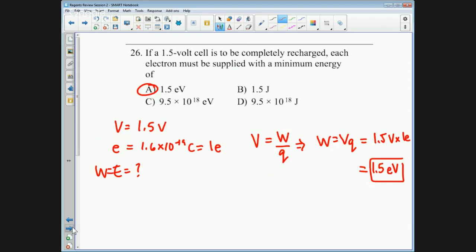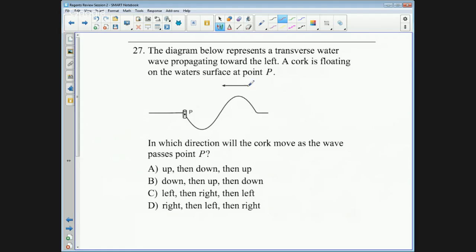Okay, next, 27. I guess we're moving on to waves now. The diagram below represents a transverse water wave propagating towards the left. A cork is floating on the water's surface at point P. In which direction will the cork move as the wave passes point P? Okay, so the way to do this is you need to see, as the wave is moving this way, right?